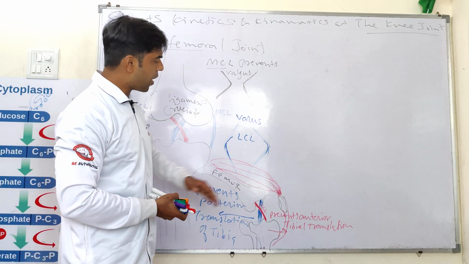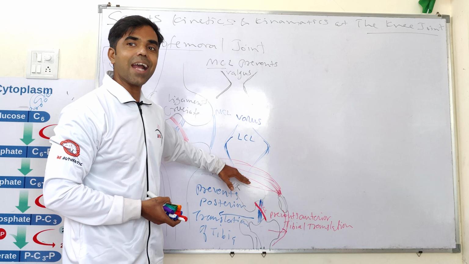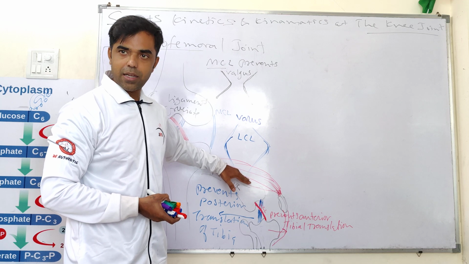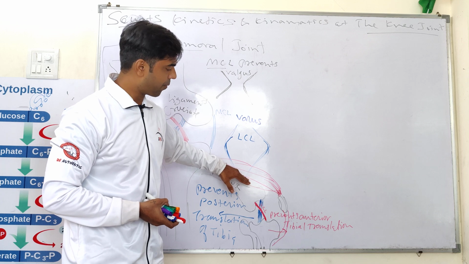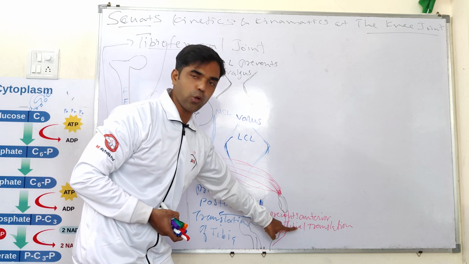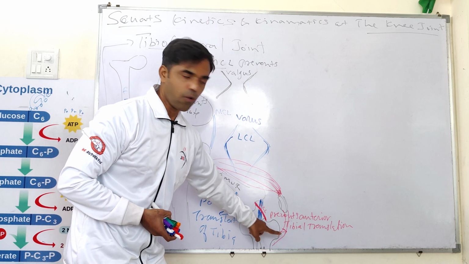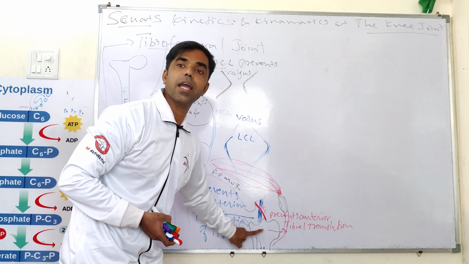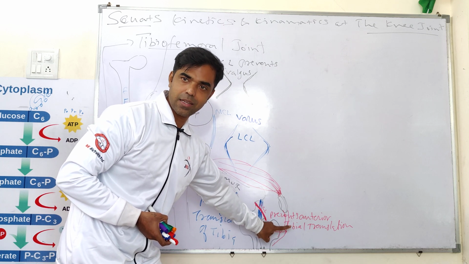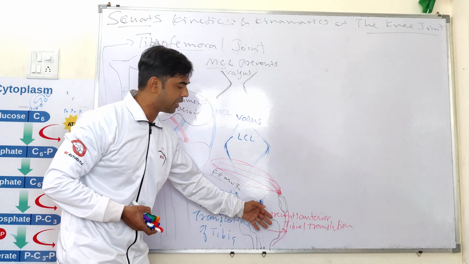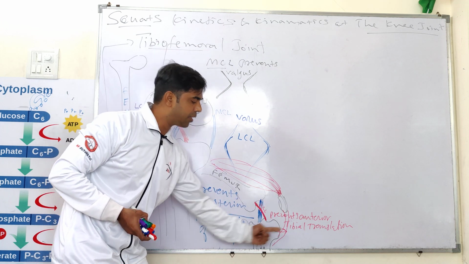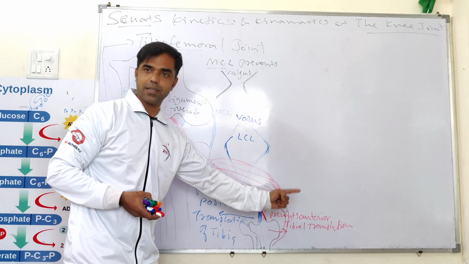Now, whenever your quadricep is extending the leg at the knee joint concentrically, there is a kind of pull on the tibia, which is translating the tibia anteriorly, and that is taken care of by the ACL. The ACL is not allowing the tibia to go anteriorly, right?